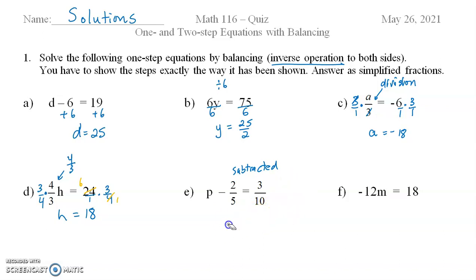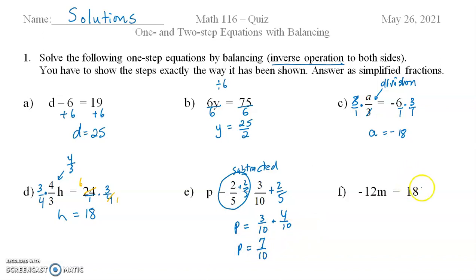So sometimes it's better to think of plus 2/5 on the side here and plus 2/5 on the side there. Now the negative 2/5 and the plus 2/5 are going to cancel, leaving just a p. And the 3/10 plus the 2/5, well, you got to remember that 2/5 is equal to 4/10. So I'm going to take the extra step here, and we'll add with a common denominator of 10, and we'll add the numerators to get 7/10.